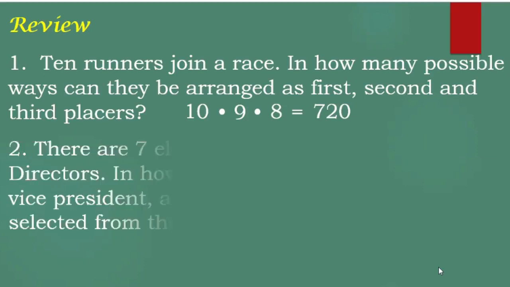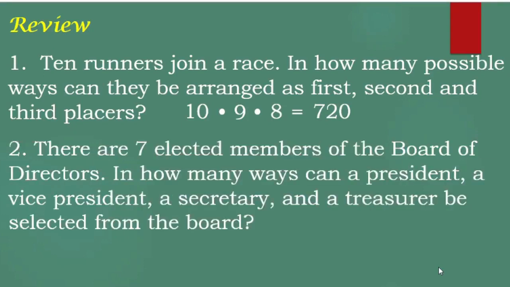Okay, for the second question, there are 7 elected members of the board of directors. In how many ways can a president, a vice president, a secretary, and a treasurer be selected from the board? By way of the fundamental counting principle also, we can solve this type of problem.